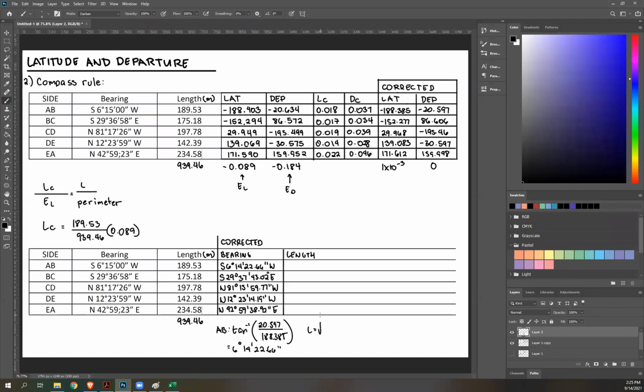L equals the square root of 188.385 squared plus 20.597 squared. We should get 189.508. Okay, you do the rest.